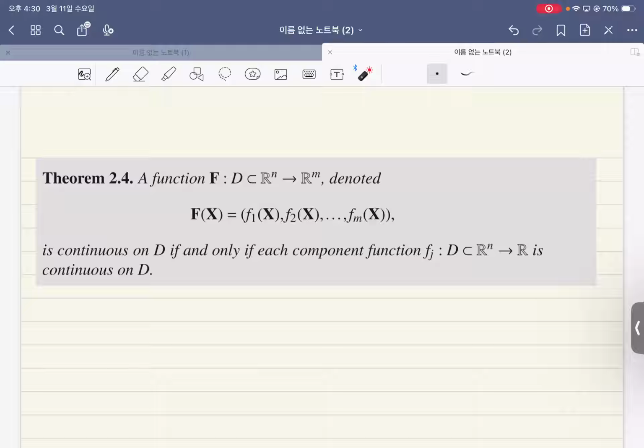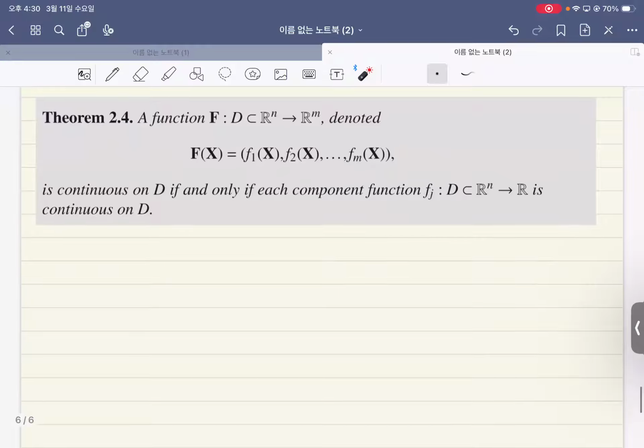Okay. And for me, again, this sounds very obvious. Yeah, so I will also skip this. But therefore, from now on, we don't need to spend time to prove why this function is continuous. Remember, this was the helix, right? And I am pretty sure that this function is continuous.